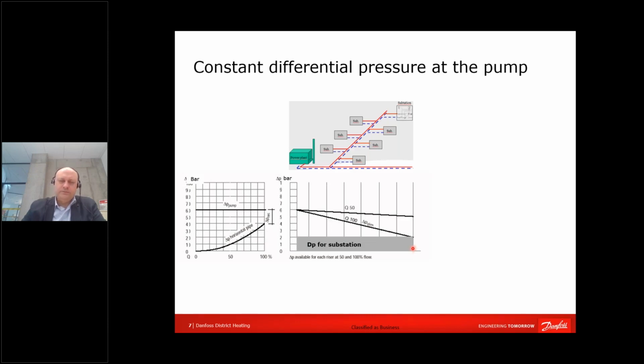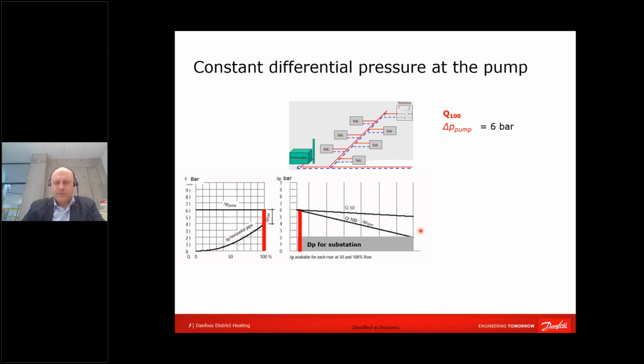What happens when consumption is decreasing? 50% flow. Naturally, pressure losses in the pipeline are decreasing to 1/4 of the previous value, and we have a rise of differential pressure in the station.